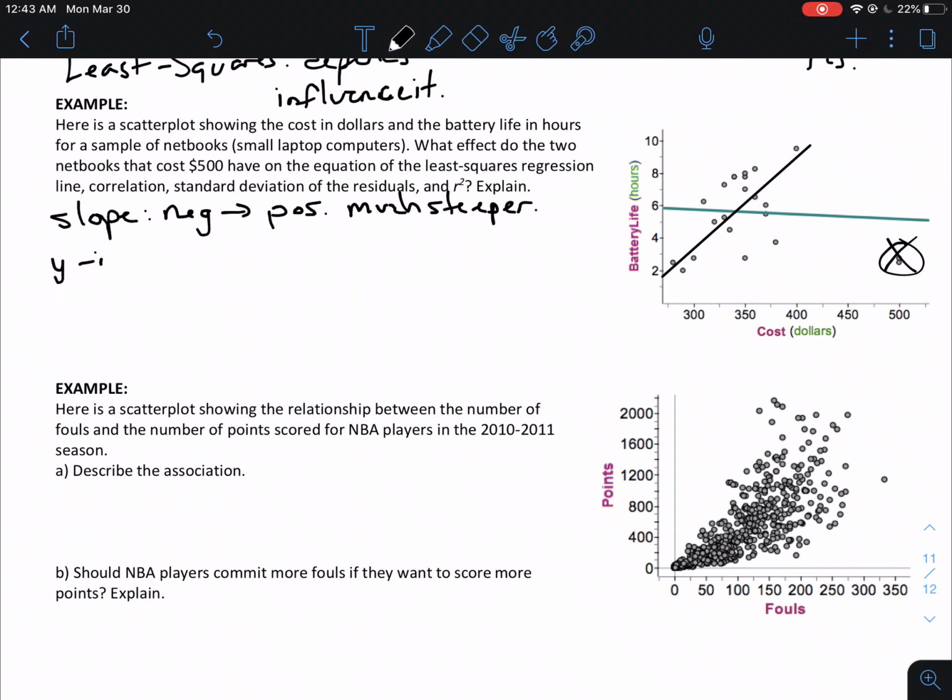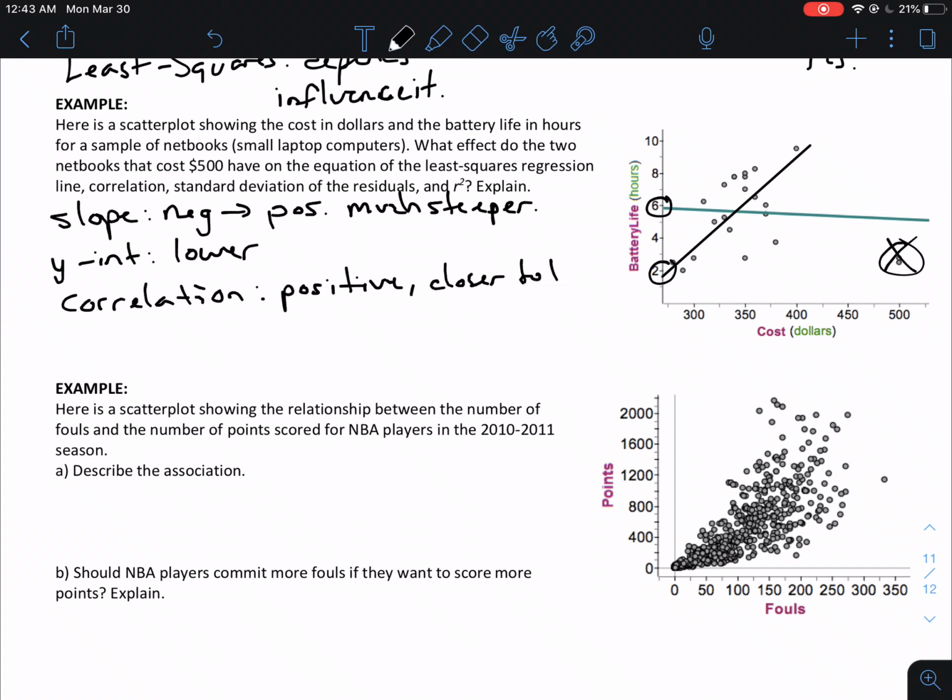As for your y-intercept, take a look at where it crosses the y-axis, and it's going to actually have a much lower y-intercept now. Okay, next thing, correlation. Well, I think it'd be safe to say the correlation is now going to be positive. It's also going to be much stronger, so it's going to be closer to +1.